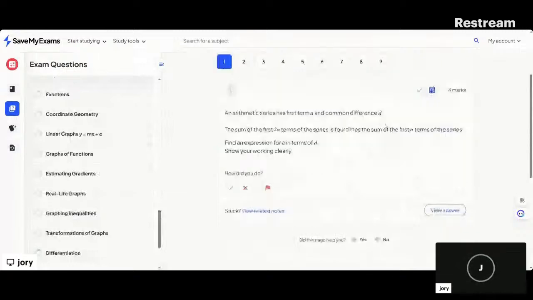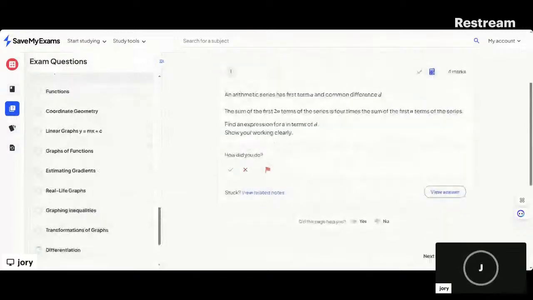Arithmetic series has a first term and a common difference. Sum of the first 2n terms is 4 times the sum of the first n terms of the series.